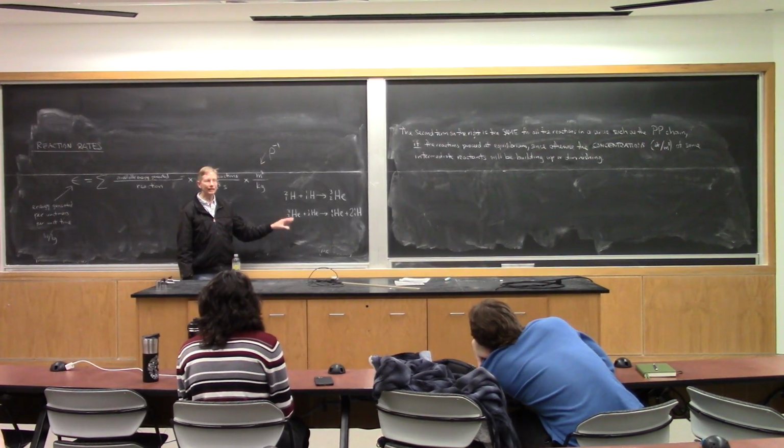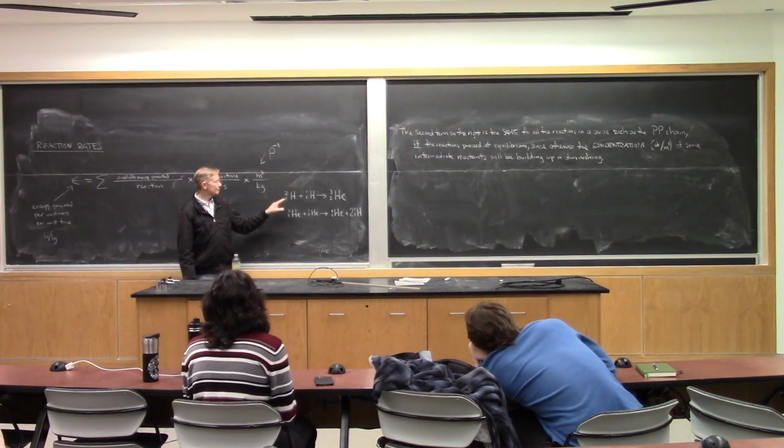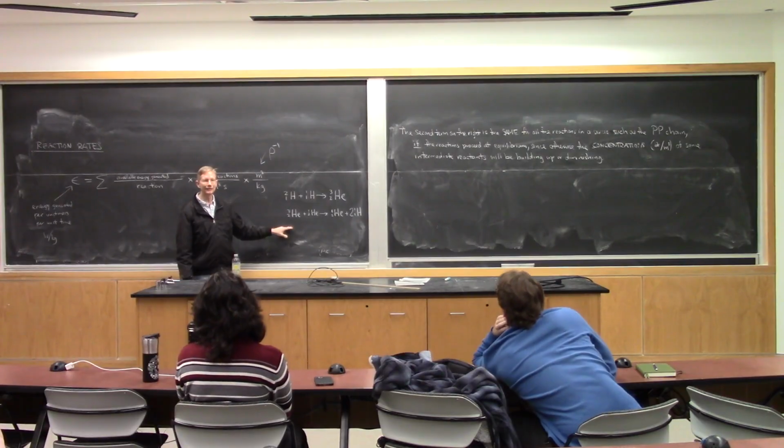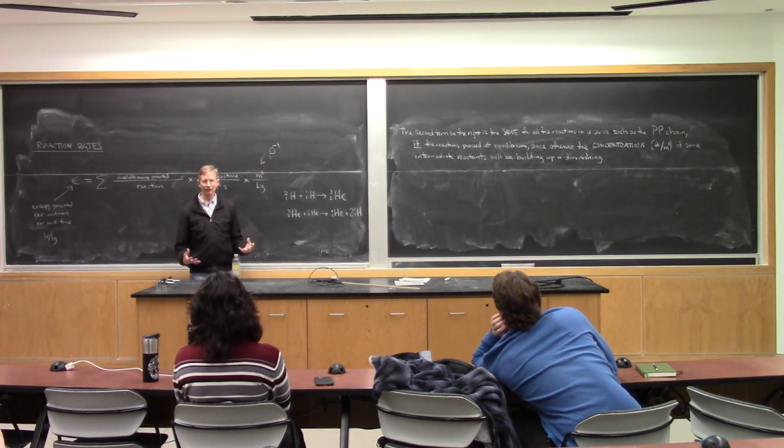But what eventually happens is there is so much helium-3 around and so little deuterium around that the reactions proceed at the same rate. Because even though it's much easier to fuse any individual deuterium than an individual helium-3, there are so few deuterium around and so many helium-3 around that the rates are equal to one another.